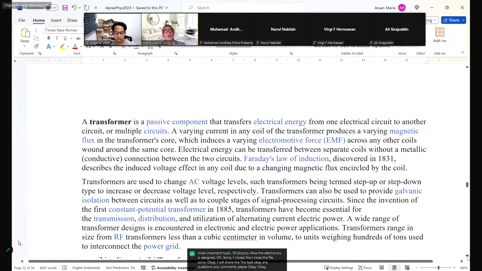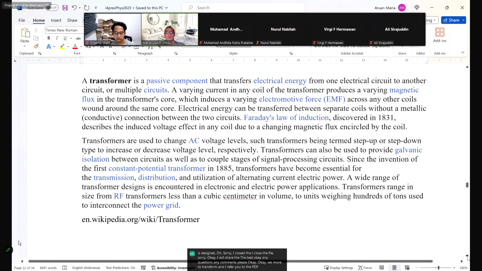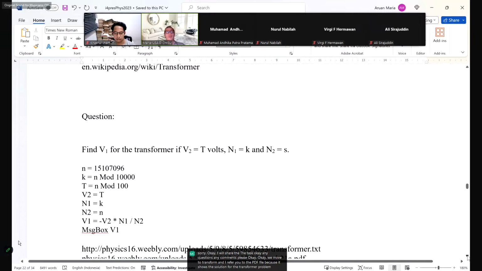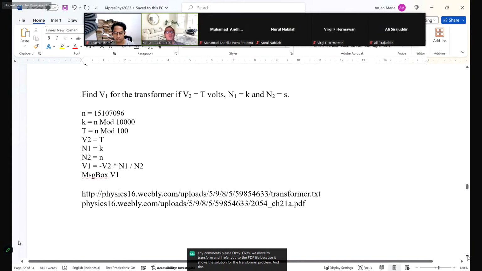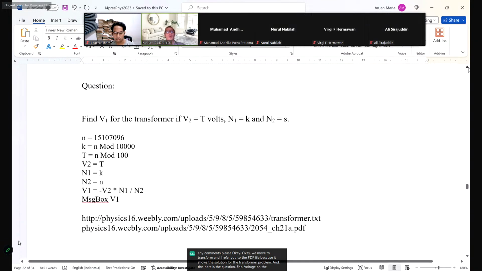Okay, we move to transformer, and I refer you to the PDF file because it shows the solution for the transformer problem. And here is the question: find voltage on the primary coil if the voltage of the secondary coil and number of loops in the primary coil and secondary coil is known.